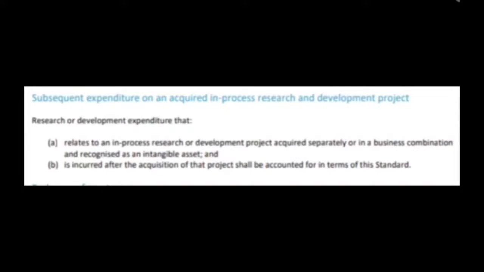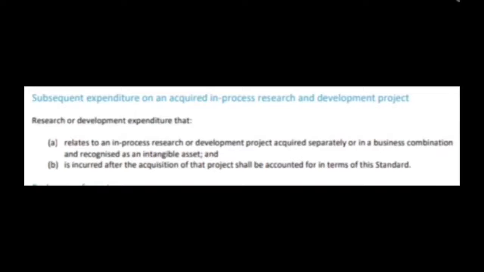So whatever project is acquired separately or in a business combination from any other business shall be recognized as an intangible asset, or is incurred after the acquisition of the project, shall be accounted for in terms of this standard.